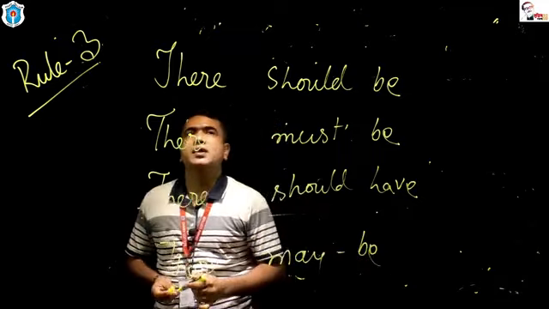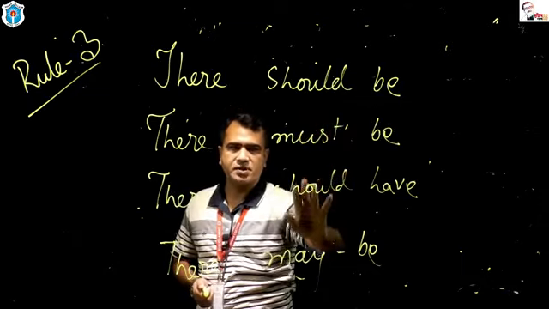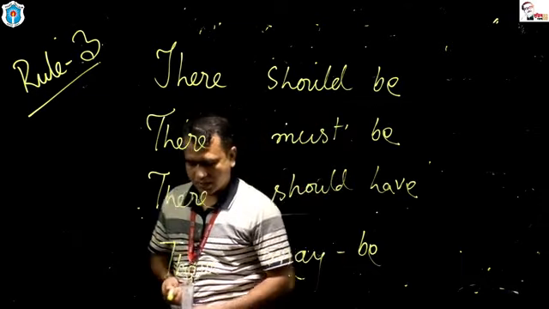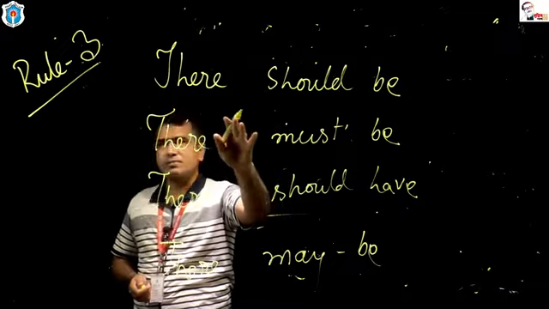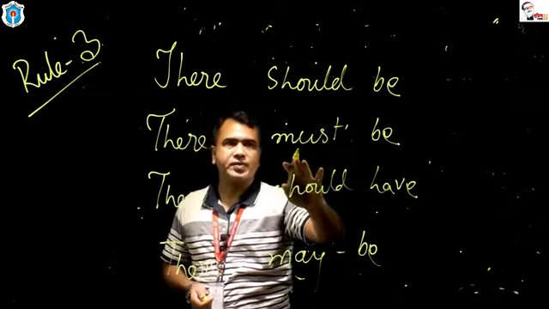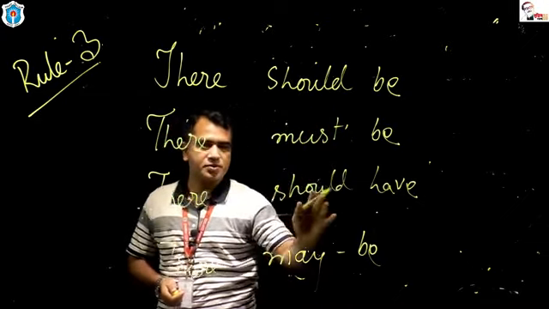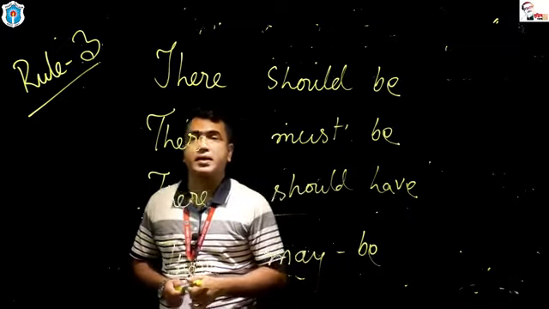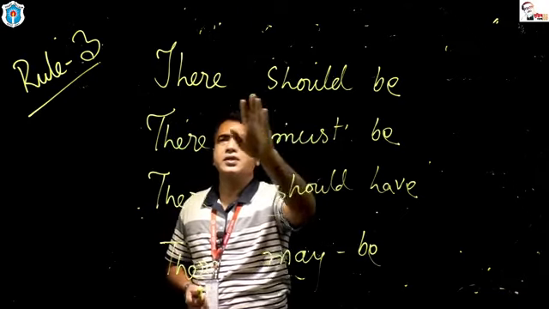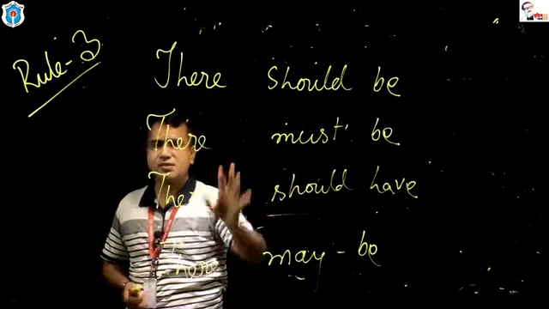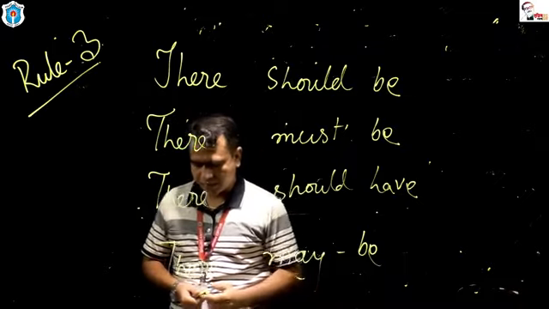That means we can use there along with these phrases. You can write some sentences by using there should be, there must be. There should be means হওয়া উচিত, there must be অবশ্যই, there should have থাকা উচিত, there may be হতে পারে. So we can also use there by following these phrases: there may be, there should be, there might be, there must be.